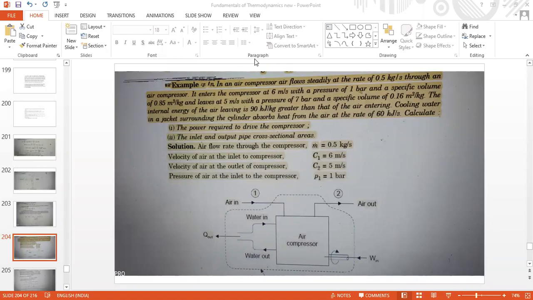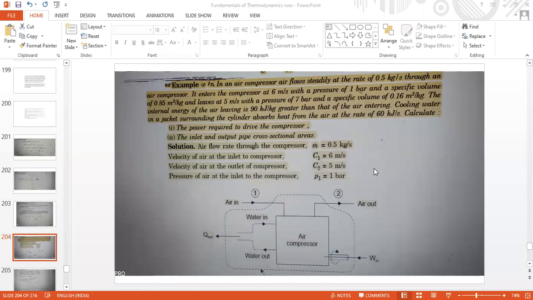Number 52. Work consuming device. It is a work consuming device.